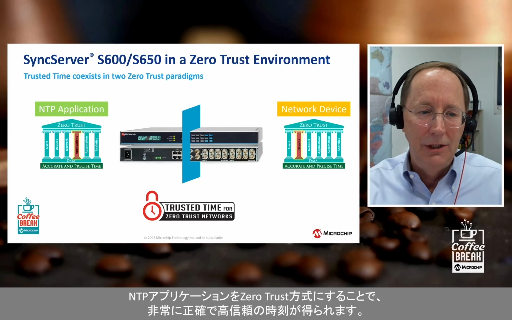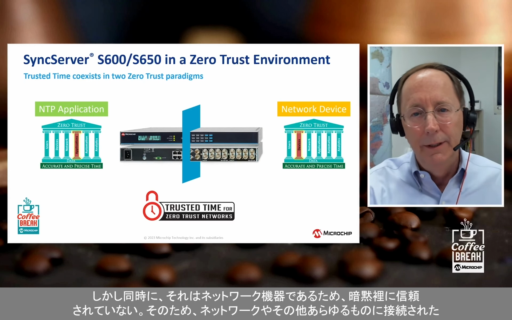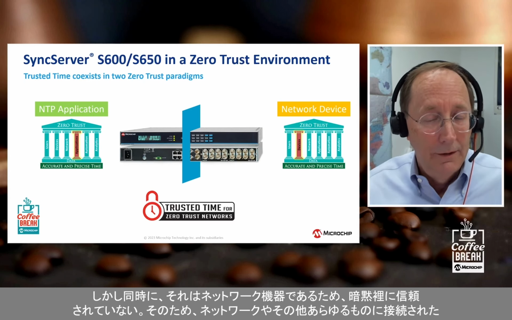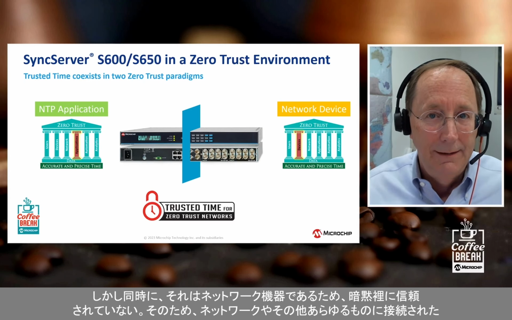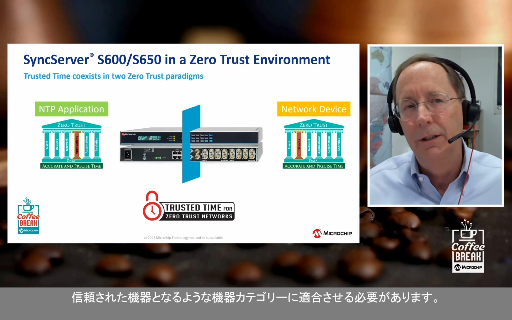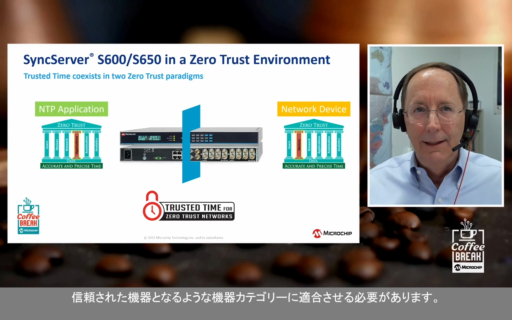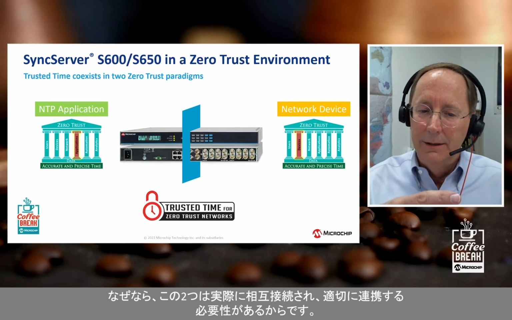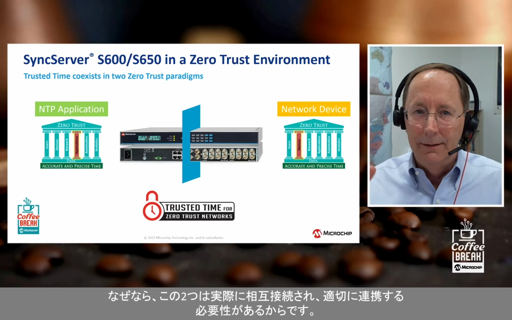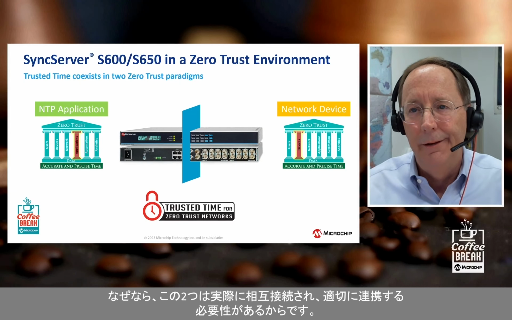So it's an application that has to be secure and verified and so forth. But at the same time, it is a network device and therefore it is implicitly untrusted. And so it has to fit into the devices category where it becomes a trusted device connected to the network. And so this is where we begin to see this connection between trusted time and a zero trust network, because the two really need to be interconnected and working well together.